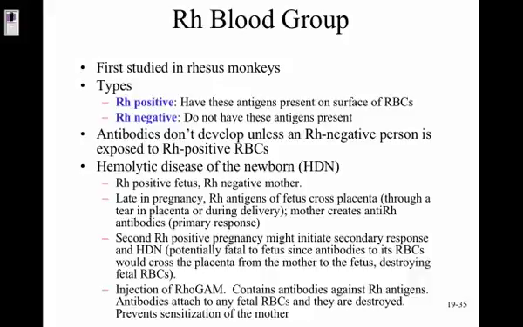No, the fetus doesn't have the antibodies. The mother would already, in the second pregnancy, have the antibodies. So if it comes into contact with positive blood again, then it's going to coagulate that blood. And if the second fetus is positive, the blood from the mother is going to the fetus and will coagulate the fetus's blood.